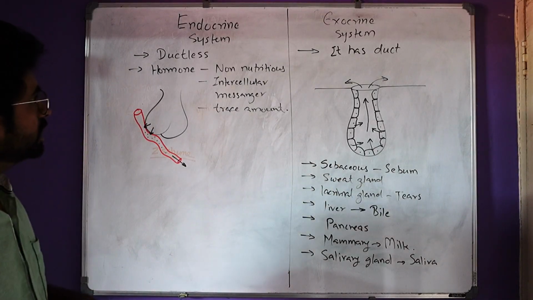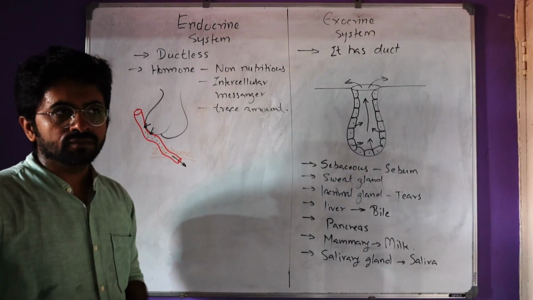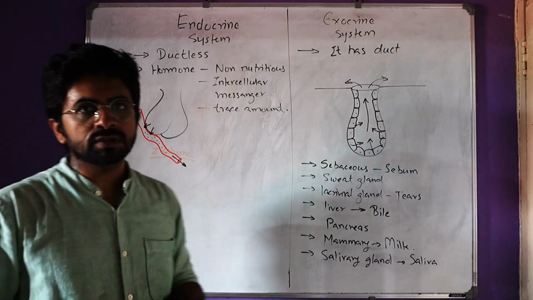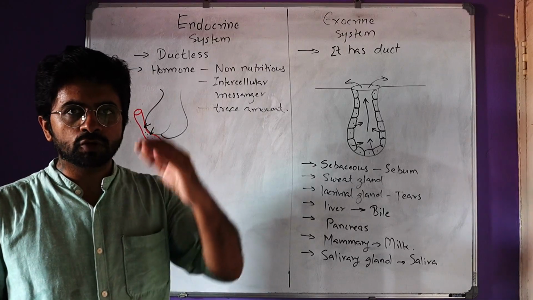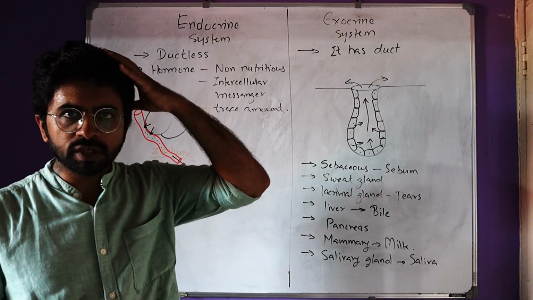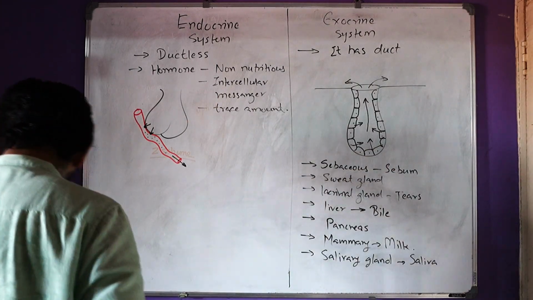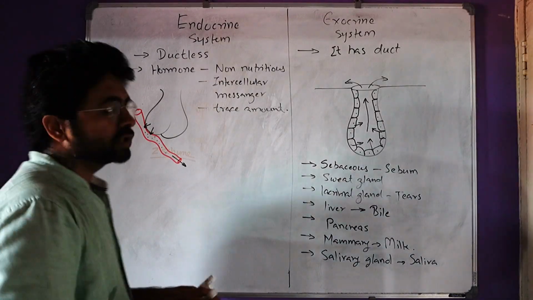Now we will see what are endocrine glands. Before we see endocrine glands one by one, we will try to remember the sequence from top to bottom approach. We will consider the top part of the body and we will go down and address each of the endocrine glands one by one.